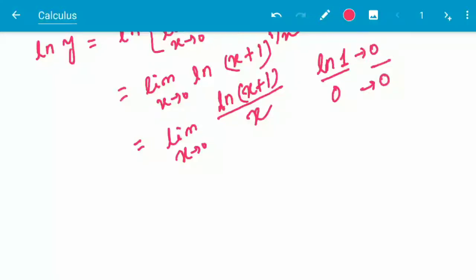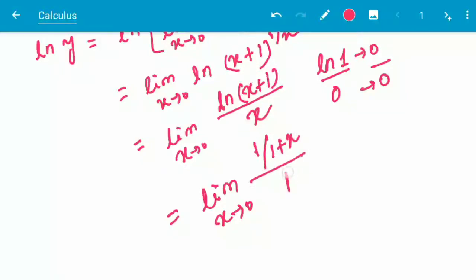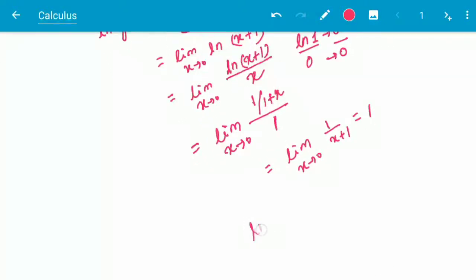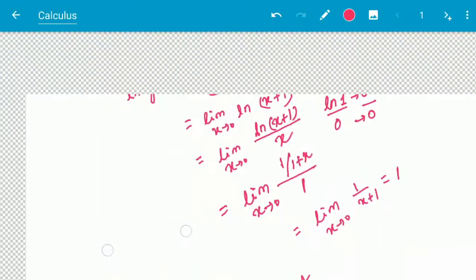So we have to differentiate both the sides. Limit x tends to 0, differentiating ln (1 plus x) is 1 by (1 plus x), and differentiating the denominator will be 1. So limit x tends to 0 of 1 by (x plus 1) is coming to be 1.